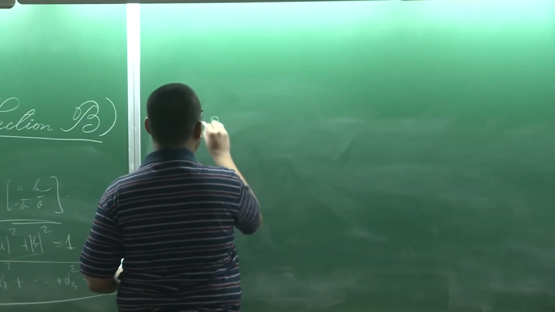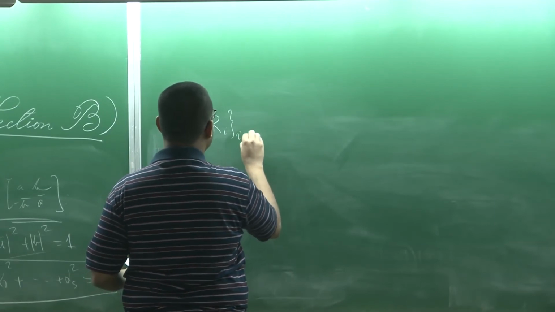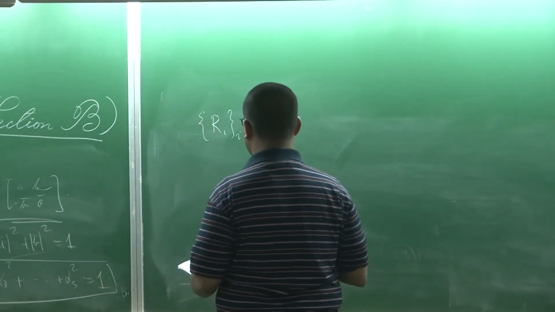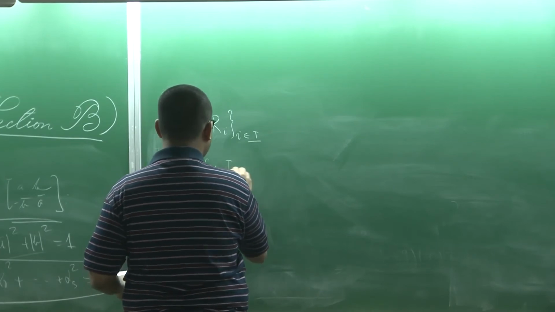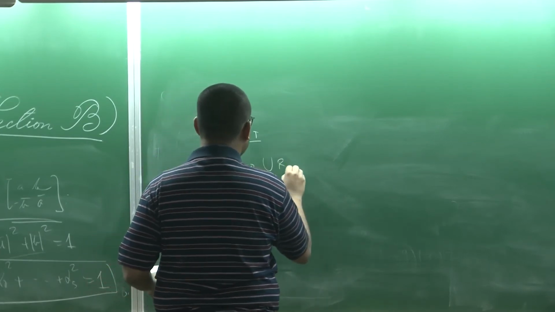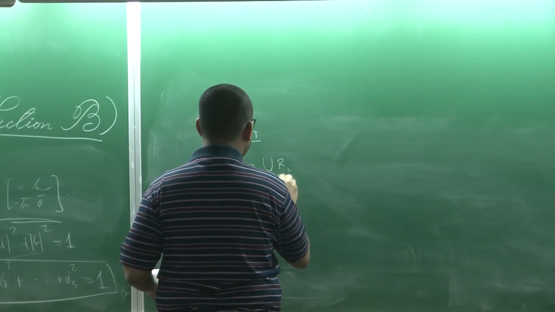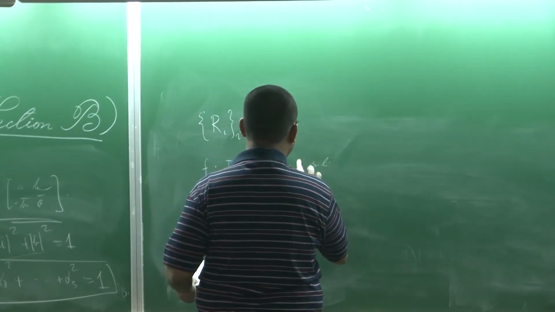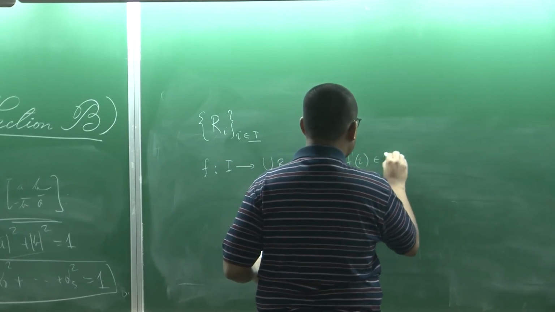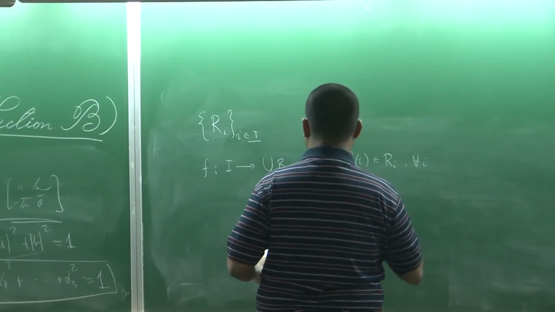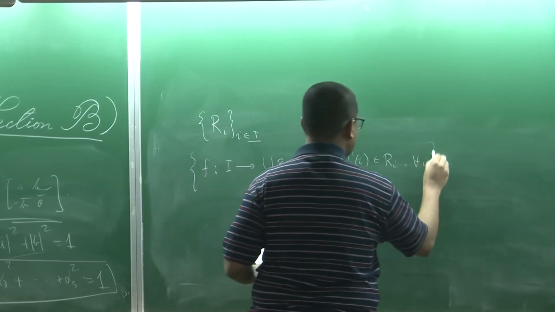So suppose we are given an arbitrary collection of rings. So we consider all functions from I to the union of Ri such that f of i lies in Ri for every i, okay.